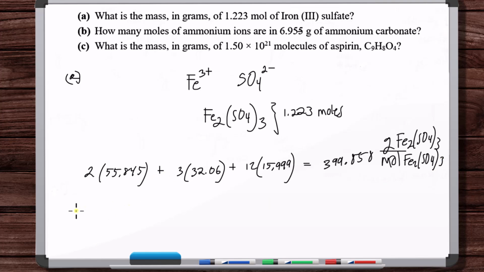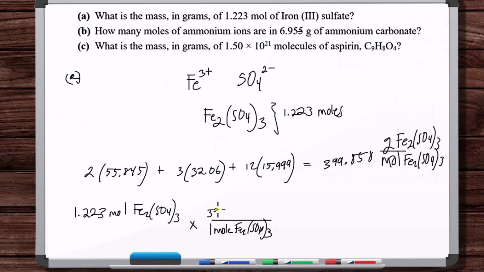And so if we've got 1.223 moles of iron 3 sulfate, and we want to convert this to grams, then we say, okay, for every 1 mole of iron 3 sulfate, there's 399.858 grams of iron 3 sulfate.